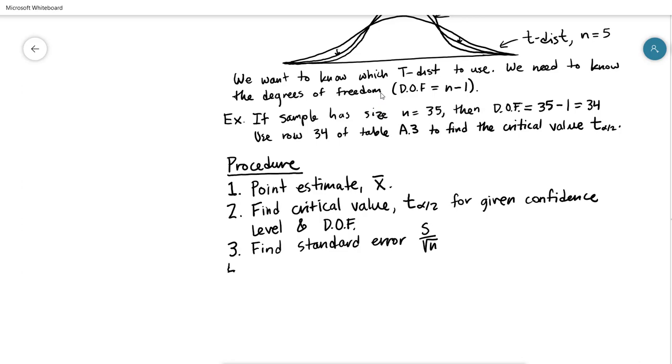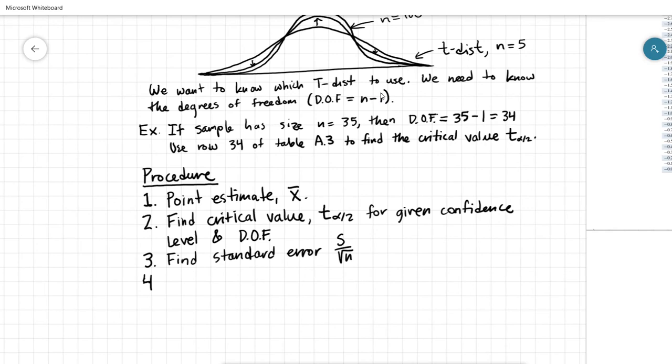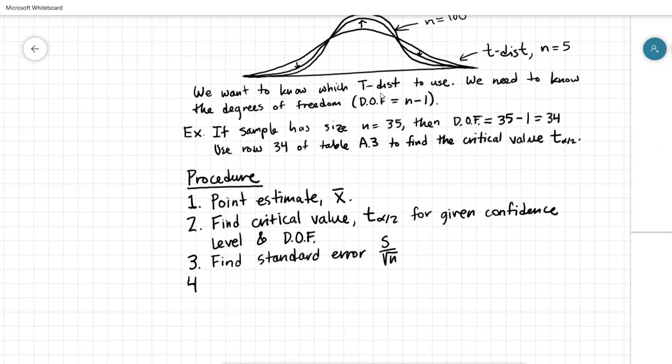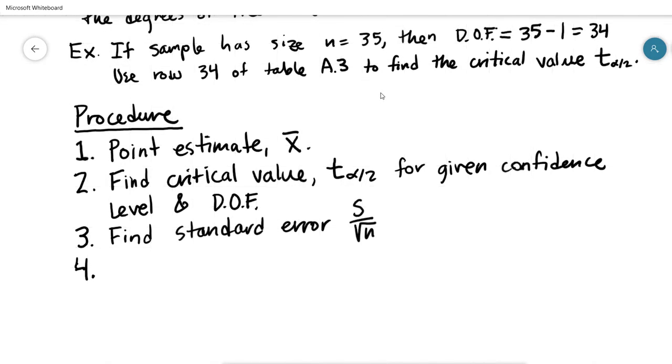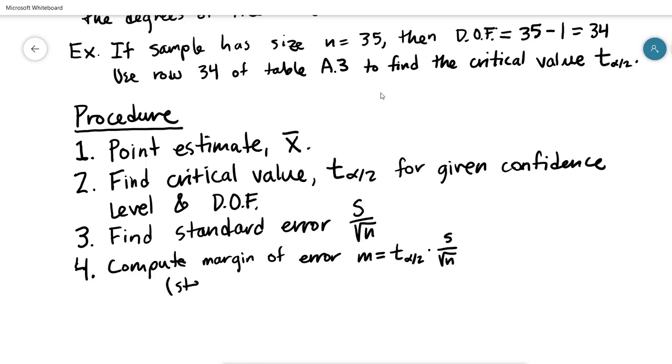The fourth step in our procedure is to find the margin of error. So we compute the margin of error. And we do it as before by multiplying the critical value, which in this case is t sub alpha over 2, times the standard error, which is s over the square root of n. So again, step 2 times step 3.